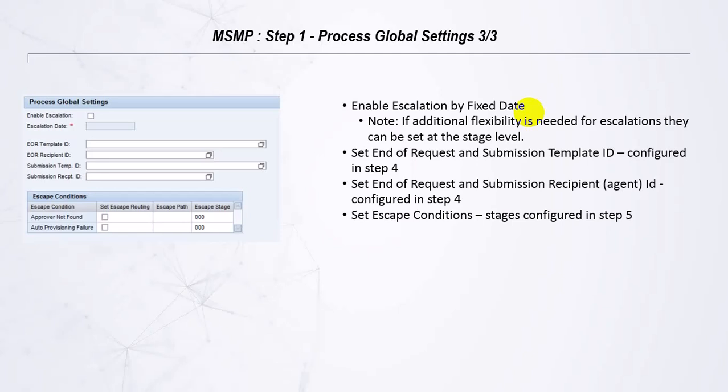Why? Because take an example. If we maintain a template ID and escalation recipient, take an example 2 days. The recipient will receive notifications if we maintain it in the process global settings.